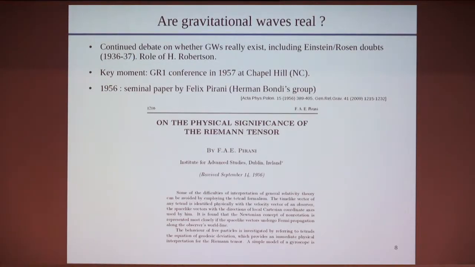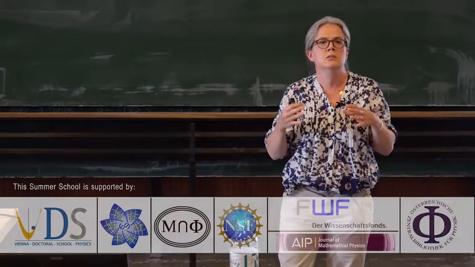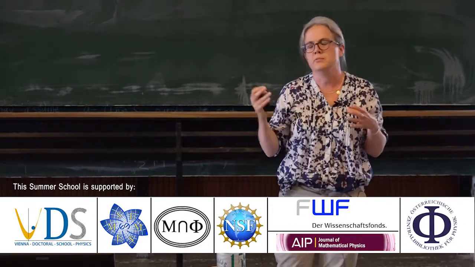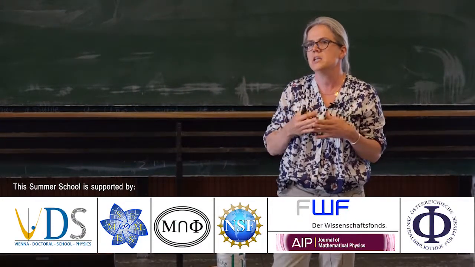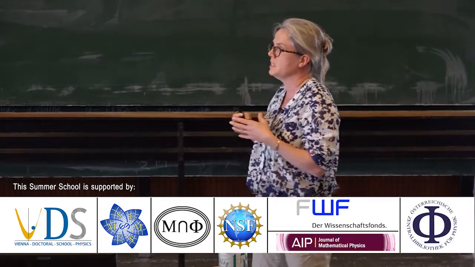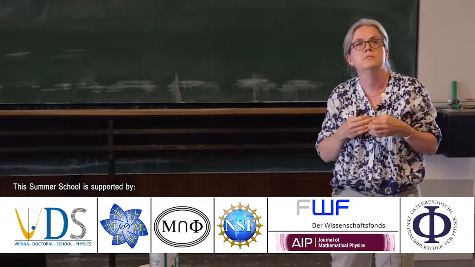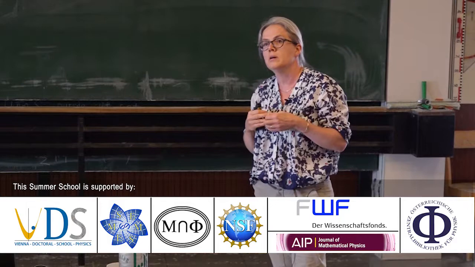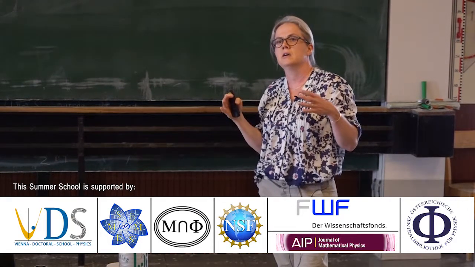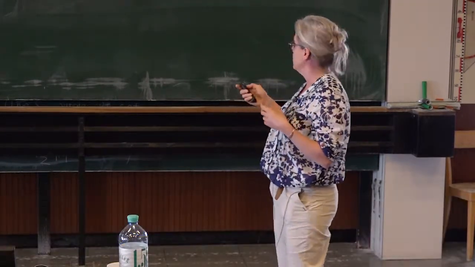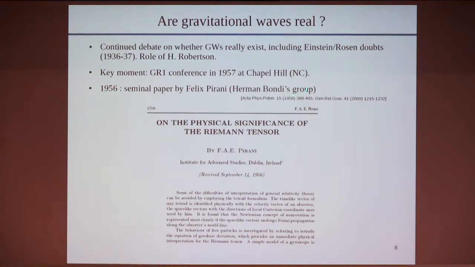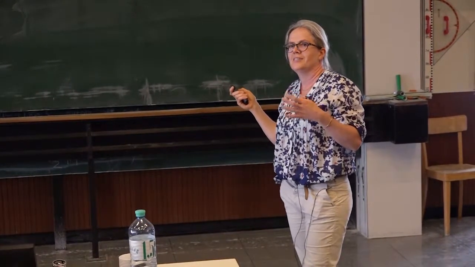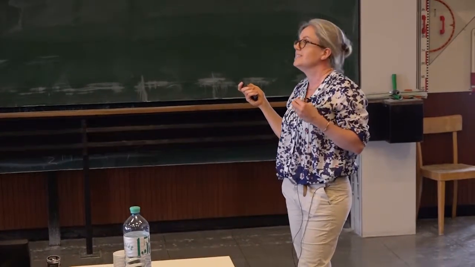And so those are the most important papers about gravitational waves, but for many years, actually until the 50s, people were wondering if those waves are real or if they are just artifacts of the theory. And even Einstein was not really a believer at the beginning. In 1936, he and Rosen published a paper where he said that gravitational waves do not exist.